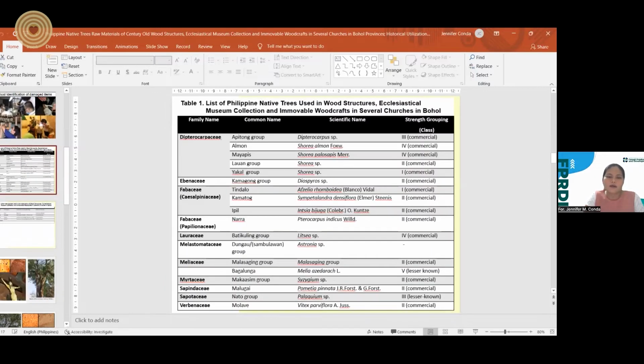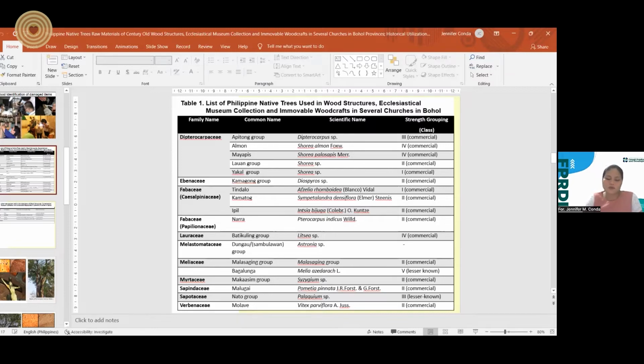For the list of the Philippine native tree species used for the structural wood structures, the collection, and immovable woodcrafts in the several churches in Bohol, we have the different families and scientific names of the tree species that we identified. Also included here are the strength groupings or classes.